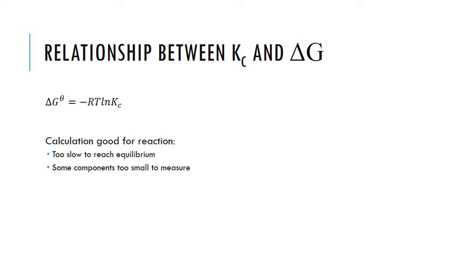So let's do a sample calculation. It's essentially just some plug and chug, right? Say we have a delta G equal to negative 4.38 kilojoules per mole.